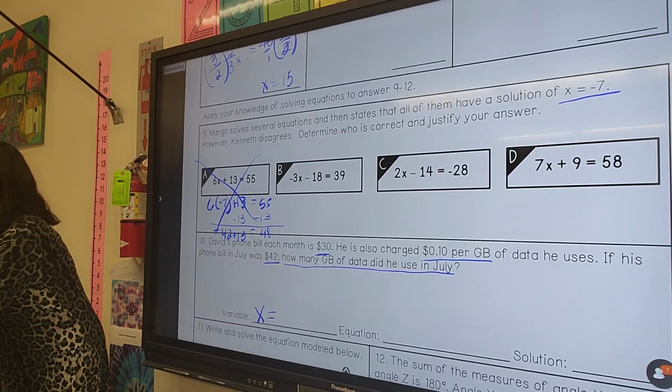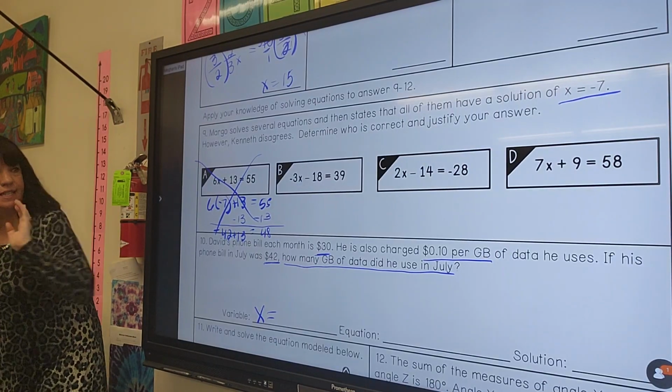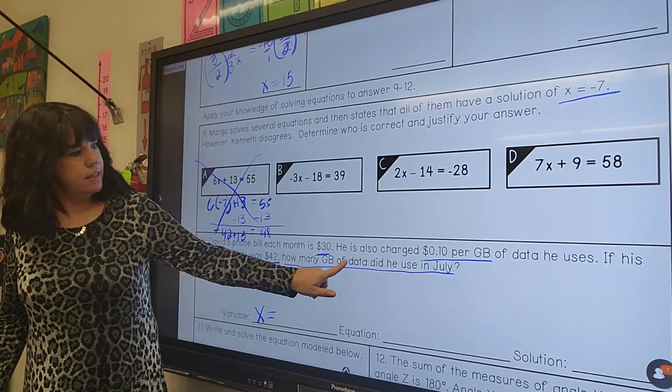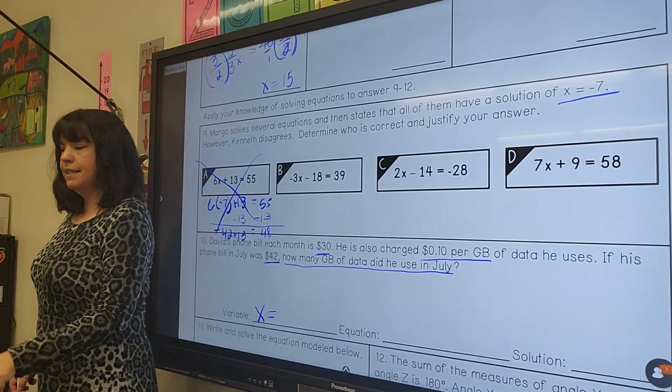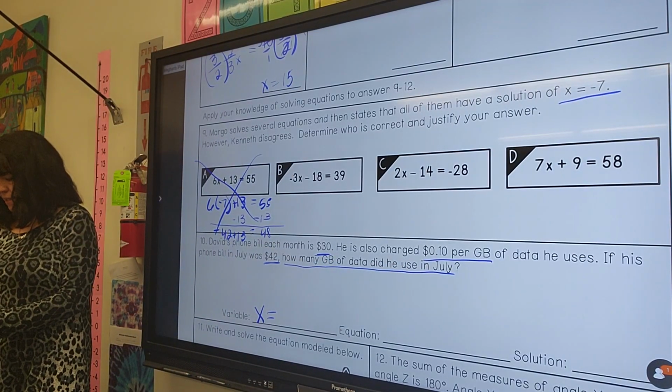The variable represents what you're trying to find out. So what are we trying to find out? How many gigabytes of data did he use in July? Yeah, so x equals number of gigabytes in July.